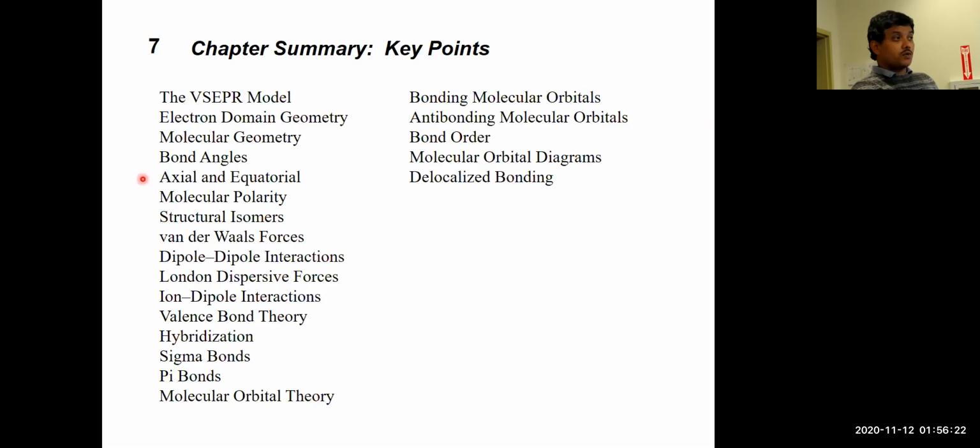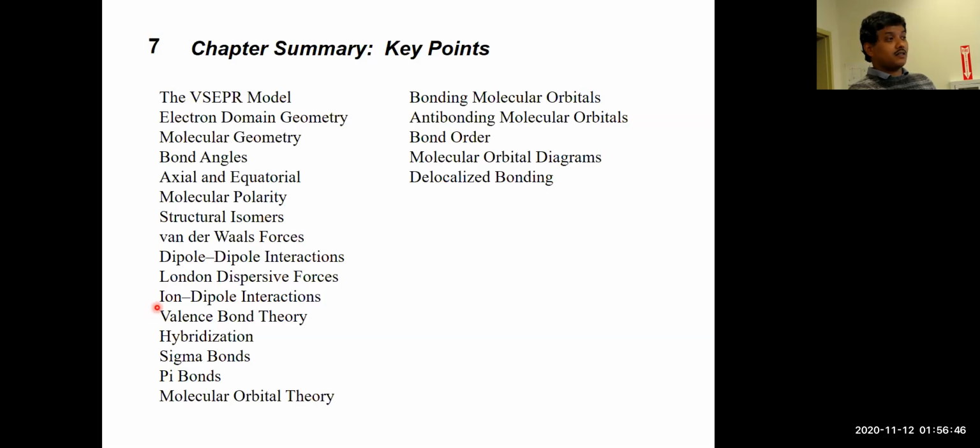And we talked about molecular polarity with the help of axial and equatorial bond angles, like whether they cancel each other or not. And then we applied molecular polarity theories on structural isomers. Then we went on to discuss intermolecular forces or van der Waals forces.